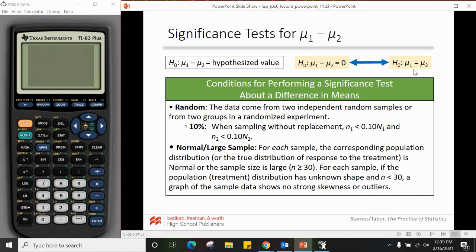And then the third condition is the normal/large counts condition, and this means for both samples. Both samples either have to come from a normal distribution, or both of your sample sizes have to be larger than 30. And if neither one of those is true, then you have to draw a graph of the sample data that shows no skewness or outliers.